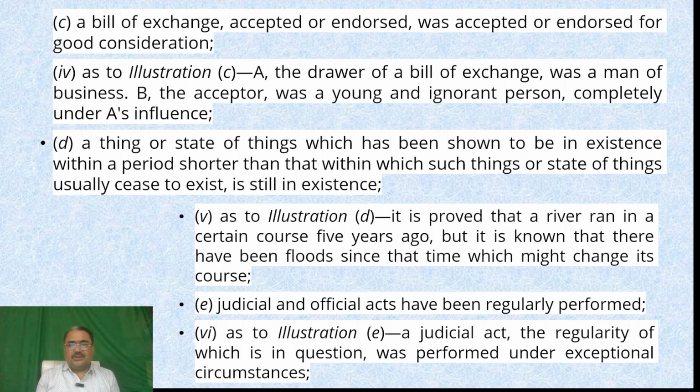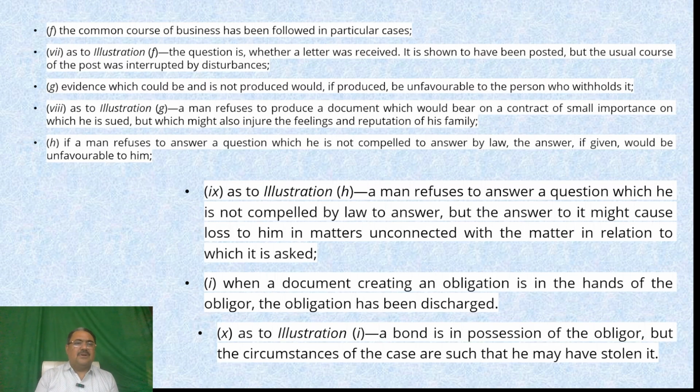D, a thing or state of things which has been shown to be in existence within a period shorter than that within which such things usually cease to exist is still in existence. E, judicial and official acts have been regularly performed. F, the common course of business has been followed in a particular case. So there are many things. G, evidence which could be and is not produced would, if produced, be unfavorable to the person who withholds it.